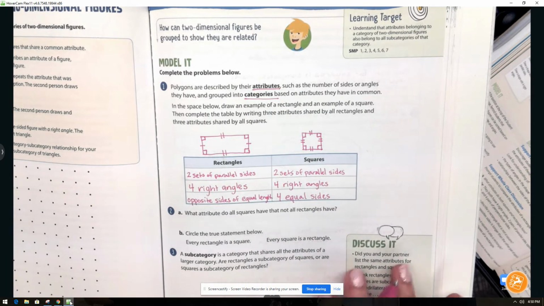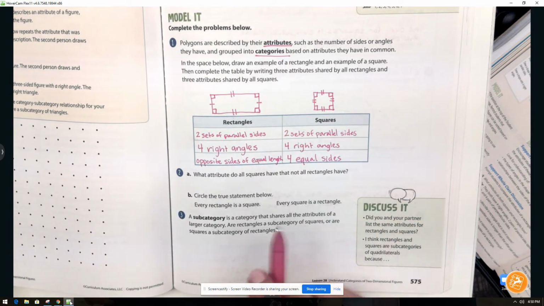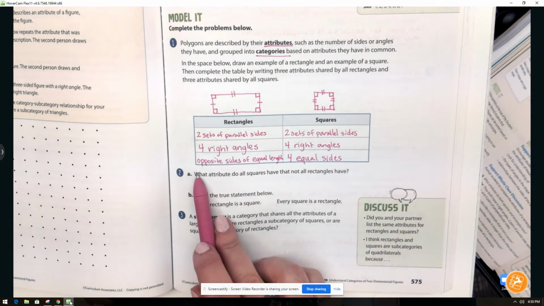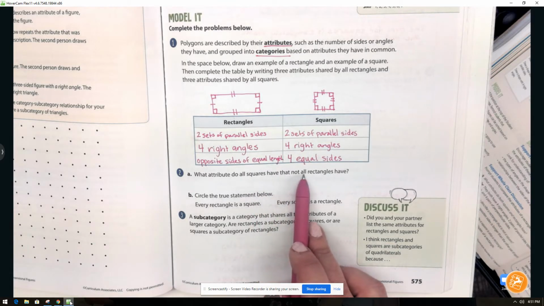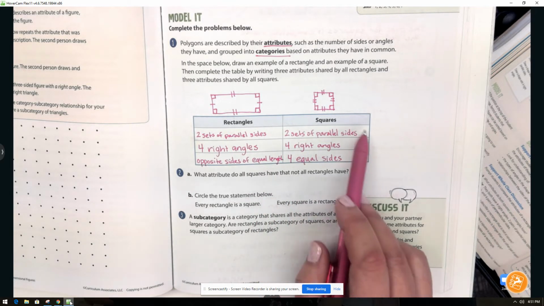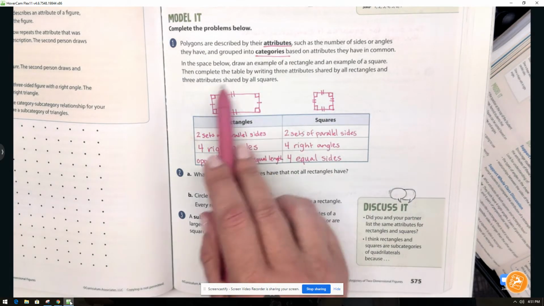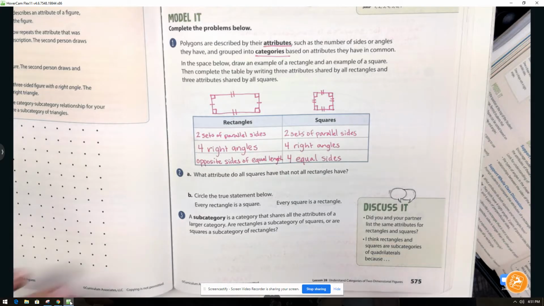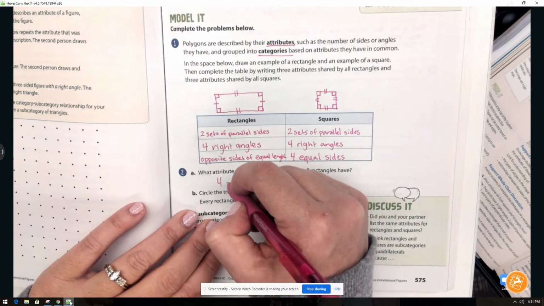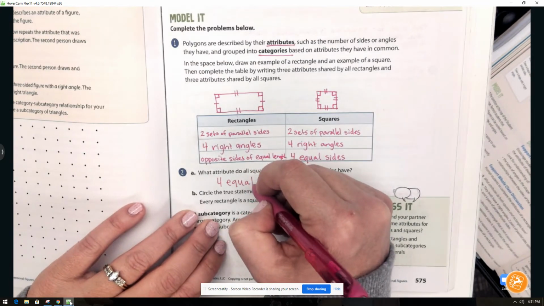So 4 equal sides. So now when I look at these two pictures, what attributes do all squares have that not all rectangles have? So what does a square have that a rectangle does not have? That's right, 4 equal sides.